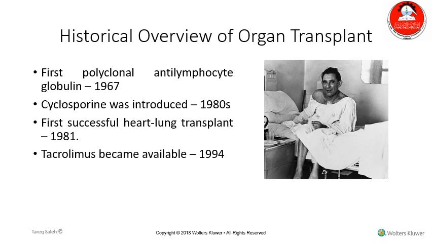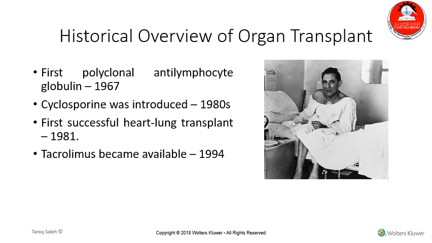The early drugs that have been used to facilitate organ transplantation had several adverse effects. With time, the drugs have been improved, and that was mainly when cyclosporin was introduced into clinical medicine in the 1980s.